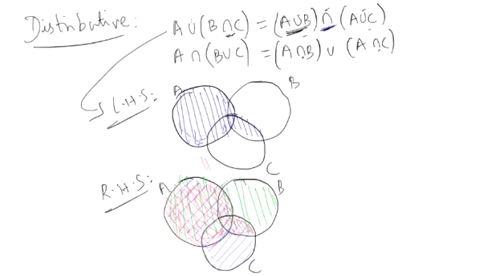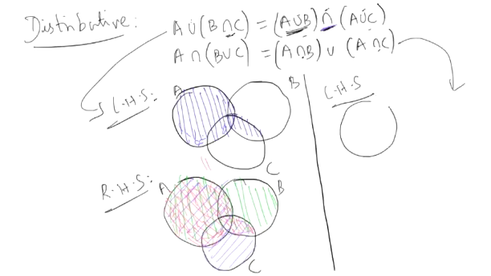Now, let's take the second one. LHS first. You take the LHS again. A, B, and C. Okay. So, the left hand side is what? That is B union C first.